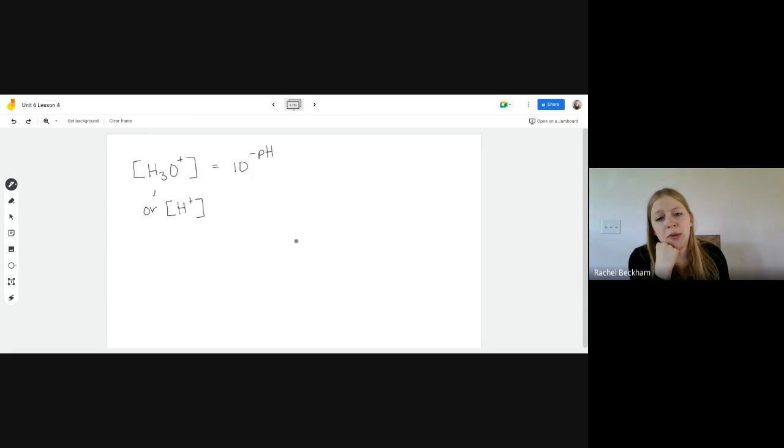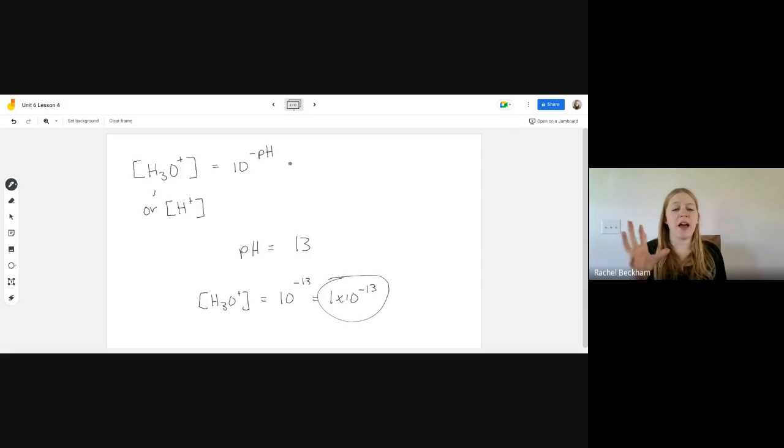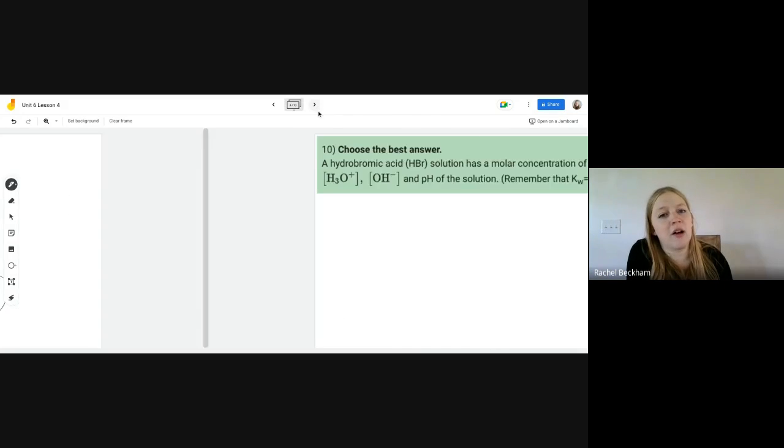So for example, if your pH is 13, then to find the H3O plus concentration, you just do 10 to the negative 13th, and you punch that in your calculator, and your calculator will give you an answer, and that is your answer. So literally all you do is you put it in the exponent of a 10, and that gives you H3O plus. So we'll actually practice with it because I know it's a lot of information.